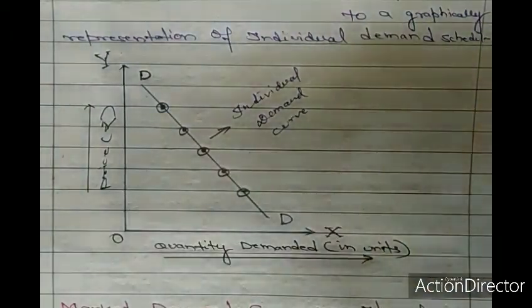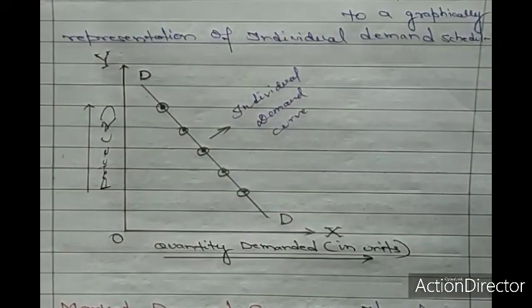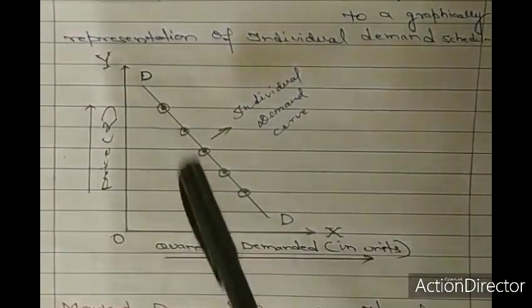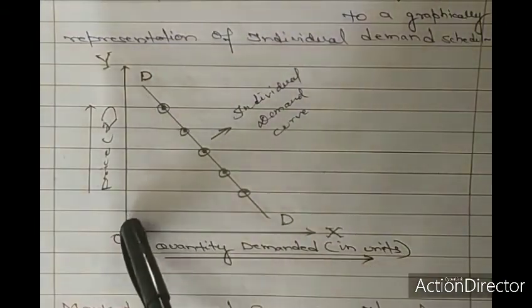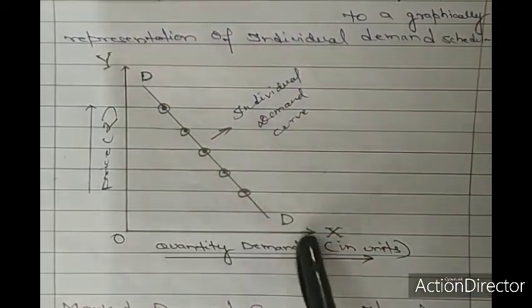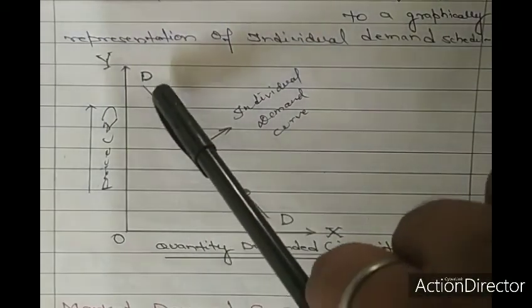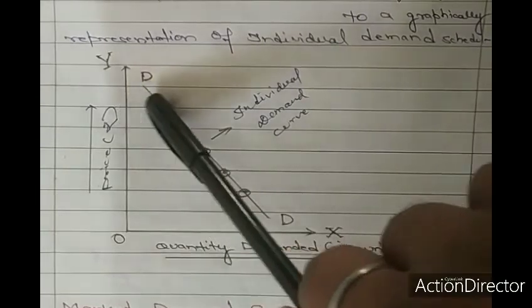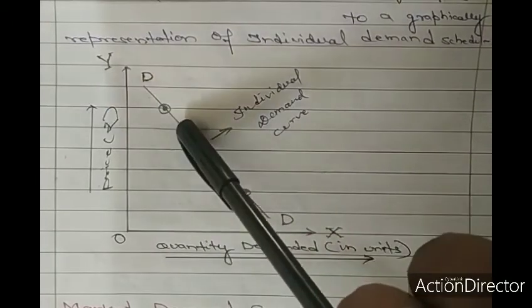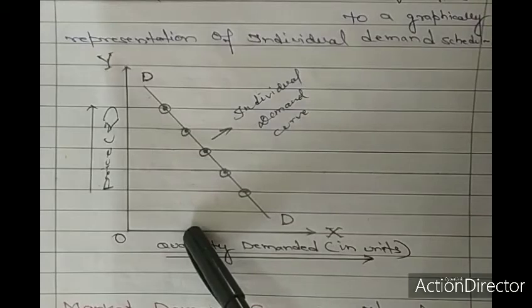As we are increasing the price, just see in the video, the quantity demanded is going to decrease. If the price is 5 rupees, at that point quantity demanded is 1 unit. If we reduce the price from 5 rupees to 4 rupees, the quantity demanded becomes 2 units.